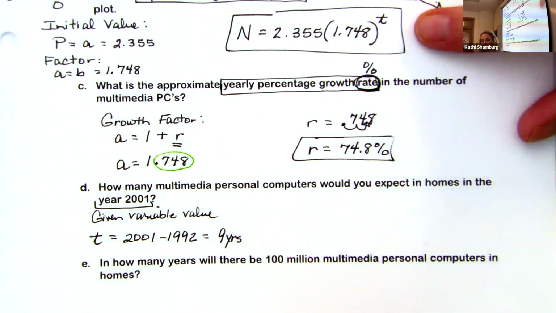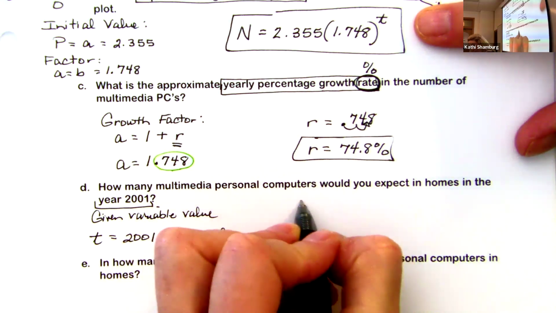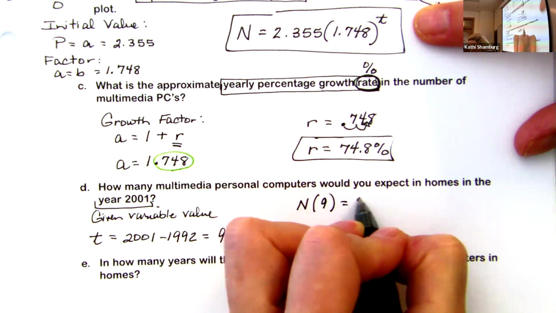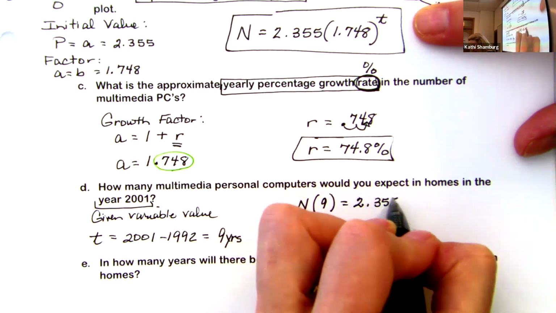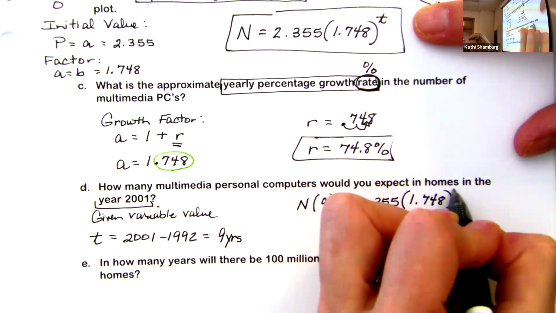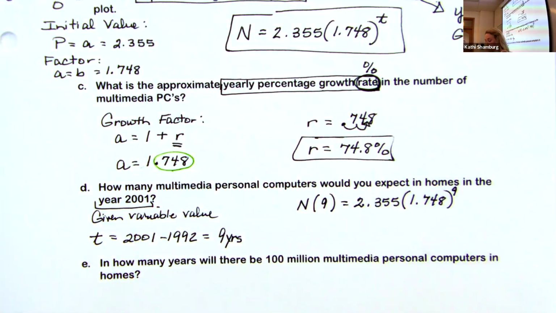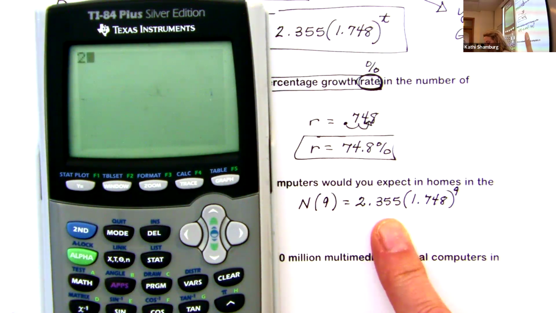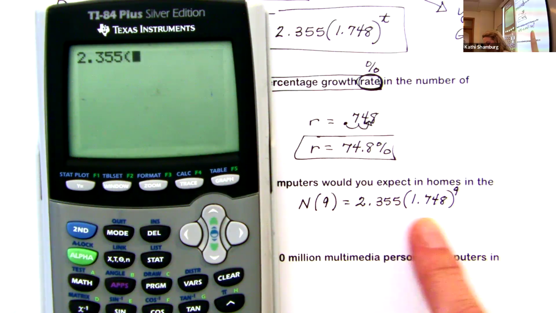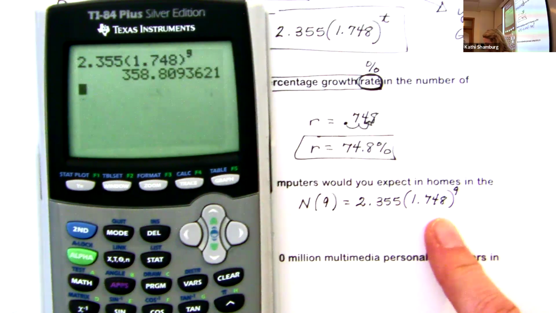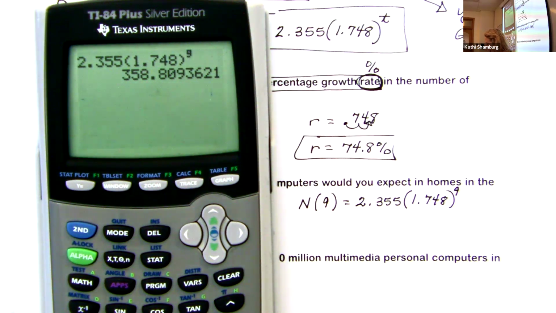Now we're going to take our exponential equation and find N at 9, which will be 2.355 times 1.748 raised to the 9th power. So this is just a matter of plugging this in and hitting enter. I'm going to go 3 decimal places.